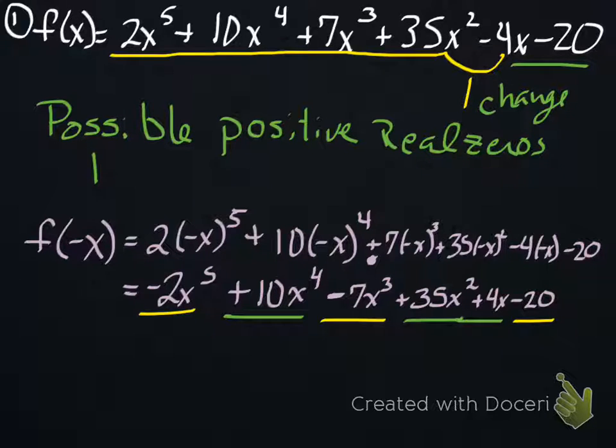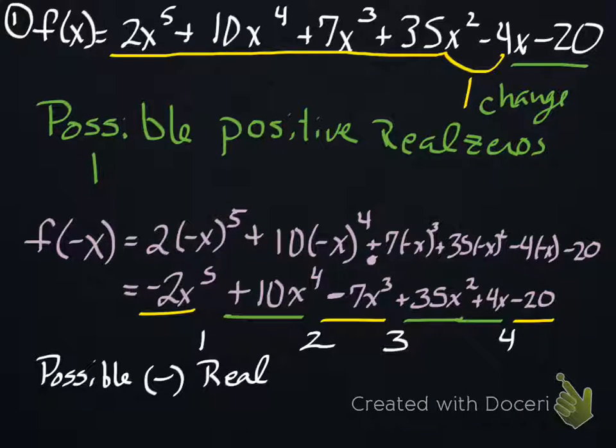So let's count how many sign changes I had. I had 1, 2, 3, 4. So I had 4 sign changes. So my possible negative real zeros is 4.